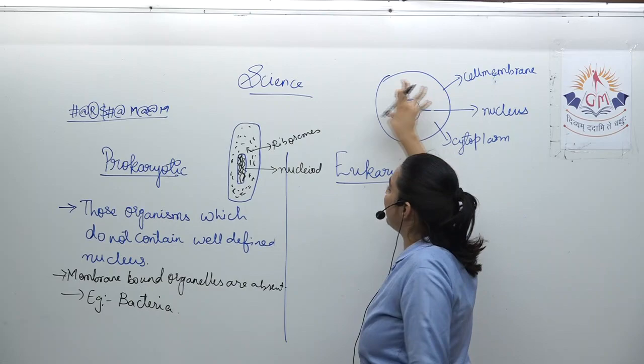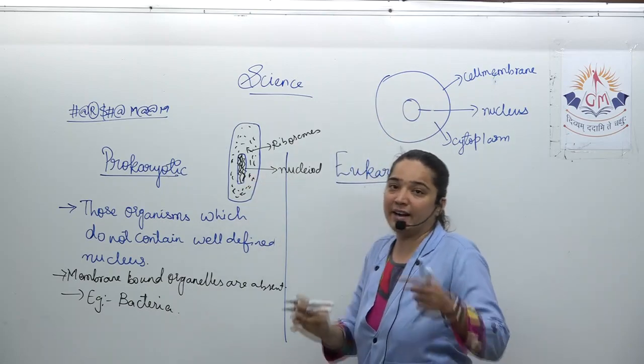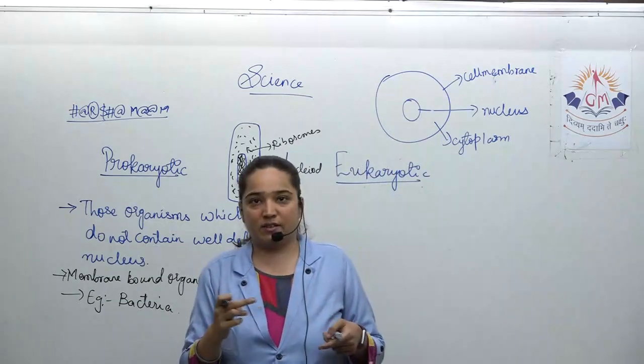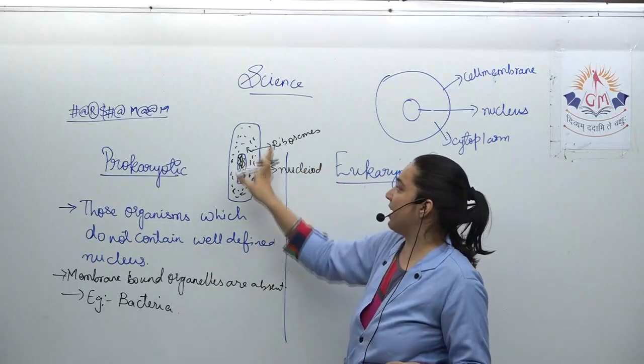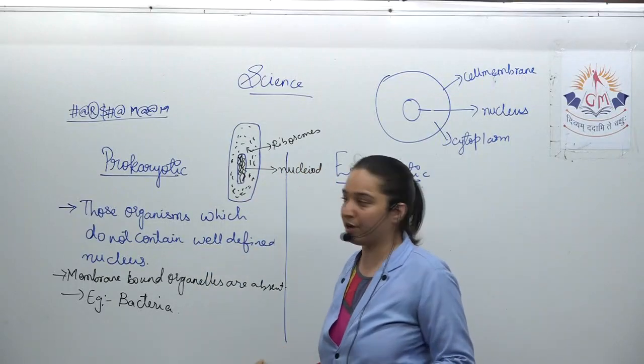Specifically, in this spherical shape it is not present, and neither does it have an outer layer. It is just like this, the DNA material is tangled in between somewhere.